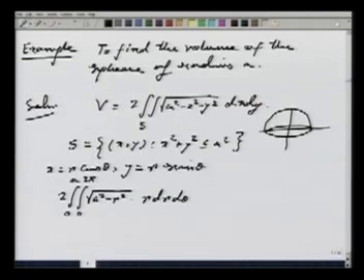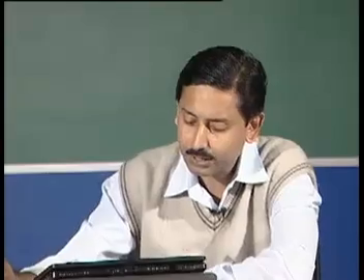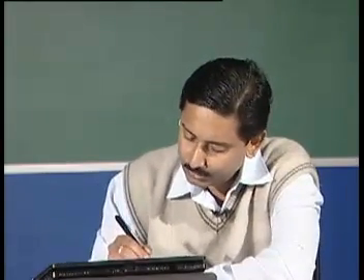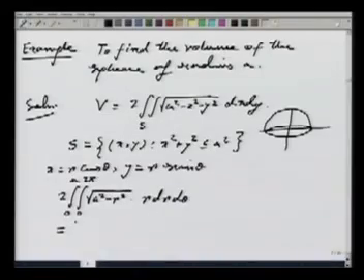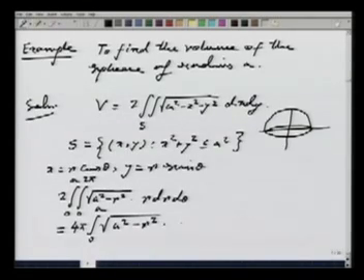Now since there is no theta involved in the integral, it is only the integral in terms of r, the theta integral I can calculate by Fubini's theorem. So it is 4 pi times the integral from 0 to a of square root of a square minus r square into r dr. Now this integral can be easily calculated.